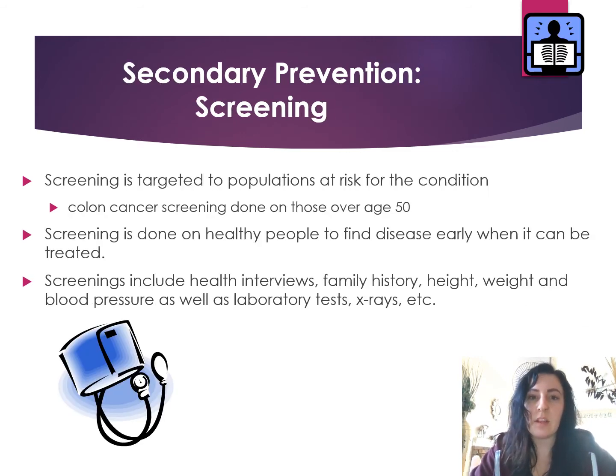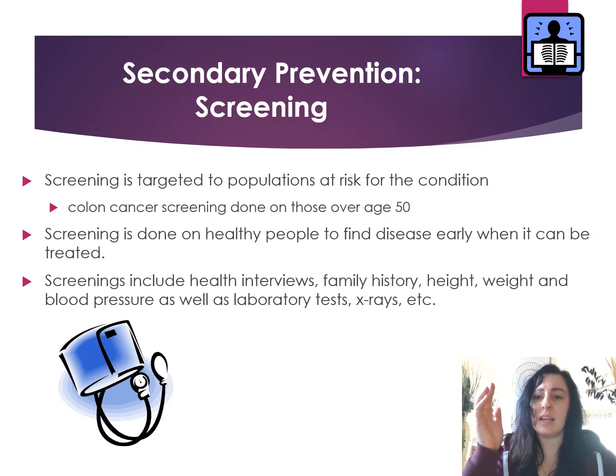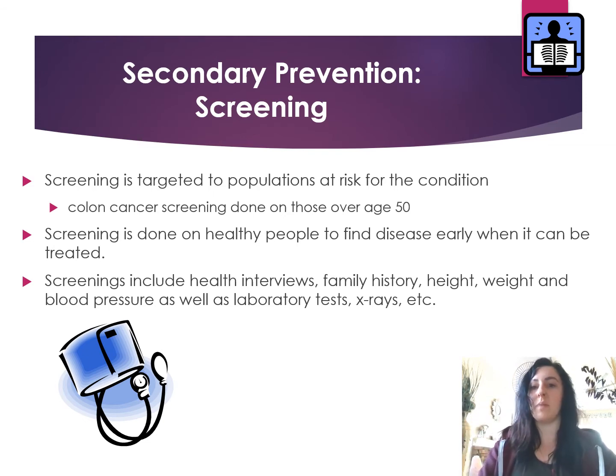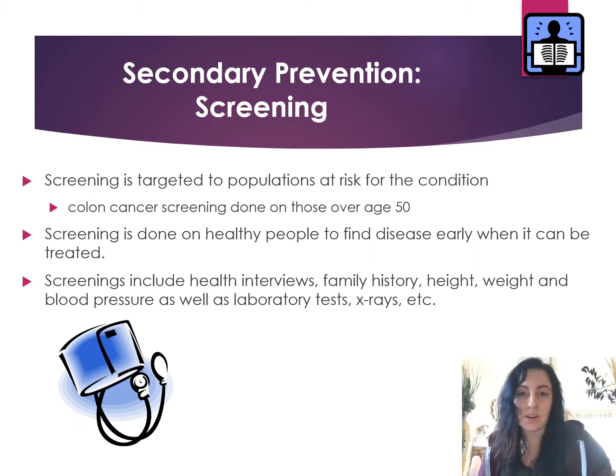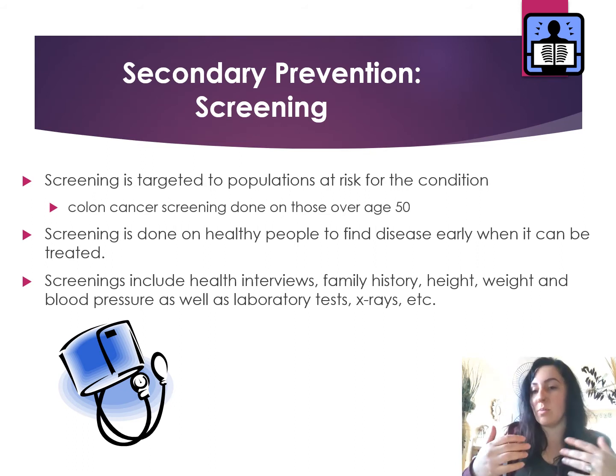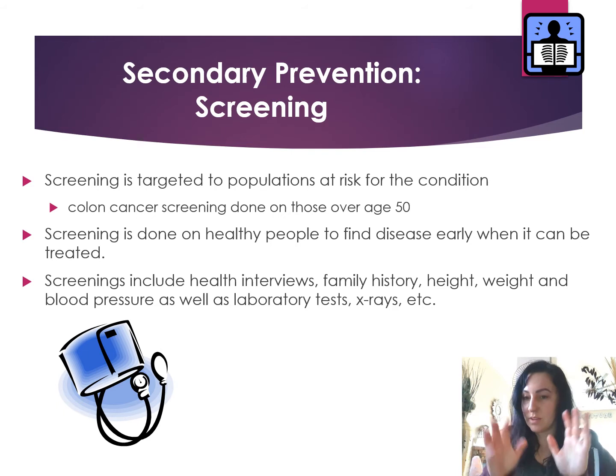Okay, so secondary prevention, remember, this is getting screened. This is early detection of disease and early treatment of disease. Screening is targeted to populations that are at risk for certain conditions, so usually those who might be over the age of 50 for certain cancers, or over a certain age for such and such.